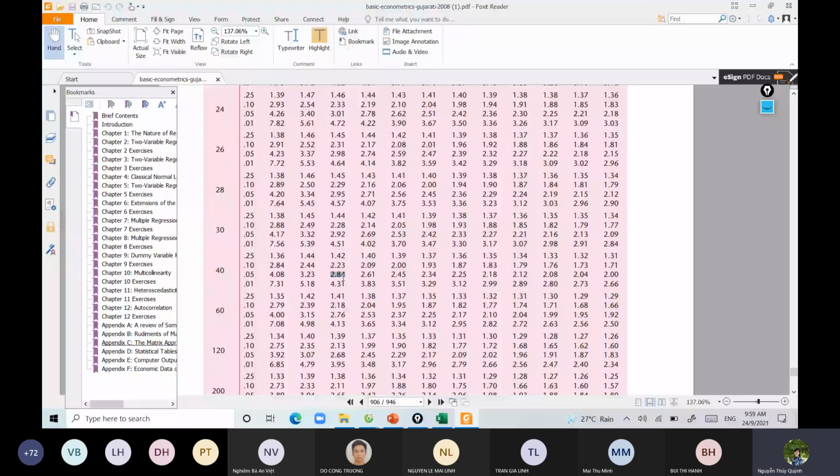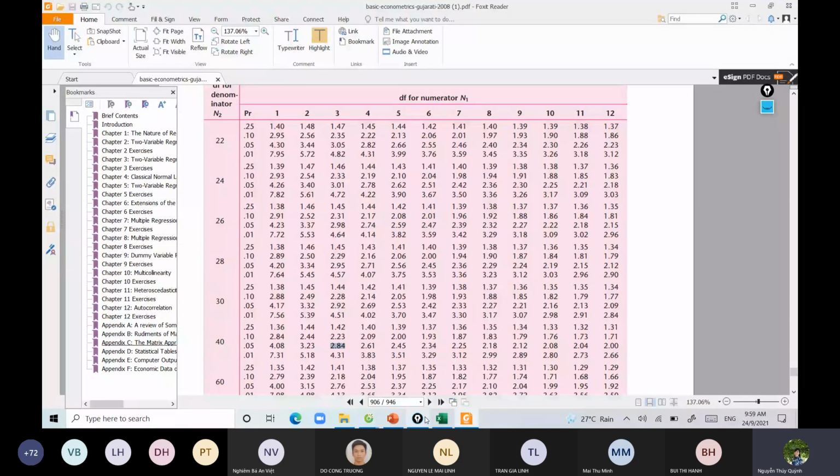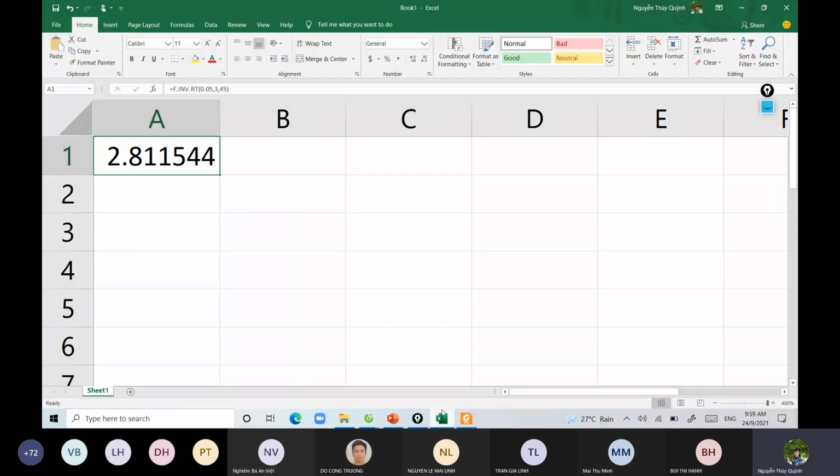Okay, all right. So that is how we can look for the critical value of F in the table. But more easily, as we have the laptop, you can use Excel. It's very quick to find the critical value of F.